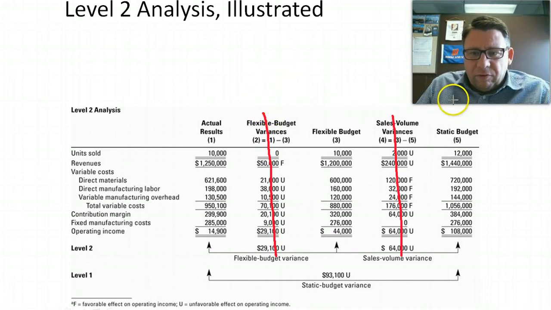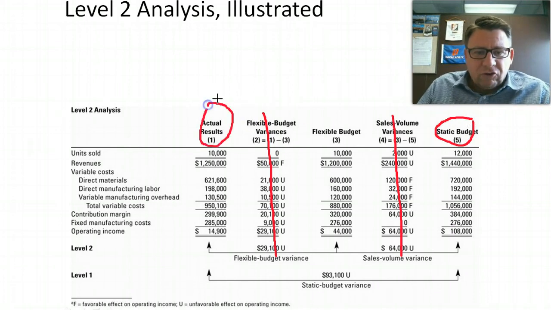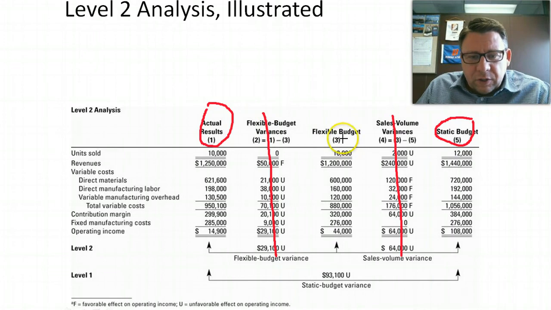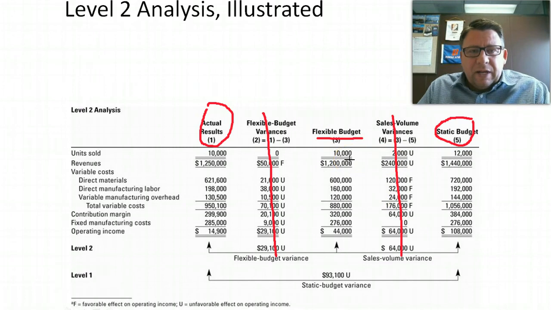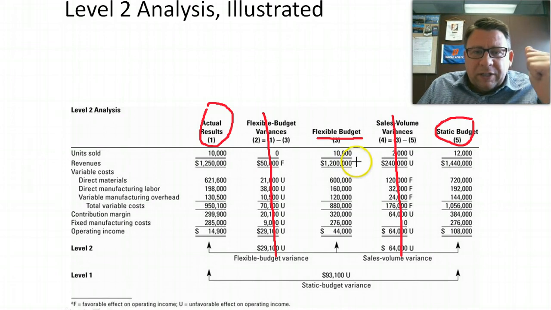So remember, we've already created a static budget. That's our master budget. Here's our actual results. So the first thing we want to do is create a flexible budget. And so the flexible budget is based on the actual volume, but it uses all of our budgeted revenues per unit and cost per unit.